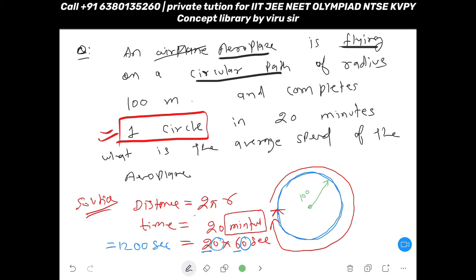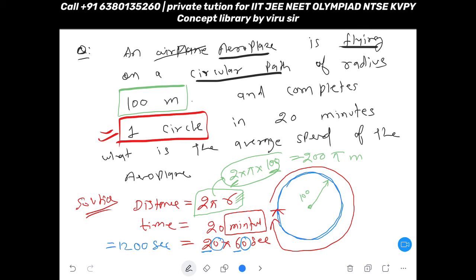And one more change we have to do here. In this 2 pi r, we have to substitute the value of 2, pi and r. Pi you leave as it is, I will take care of that later. Right now radius is given as 100 meter. So 2 into pi into 100, it will be 200 pi meter.